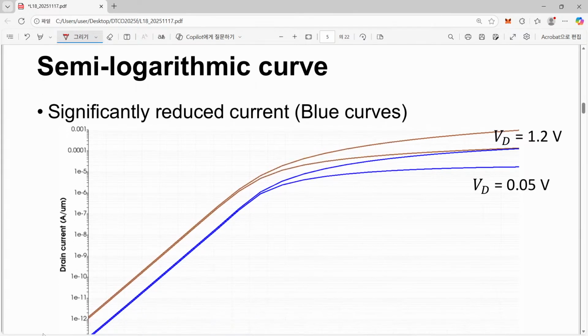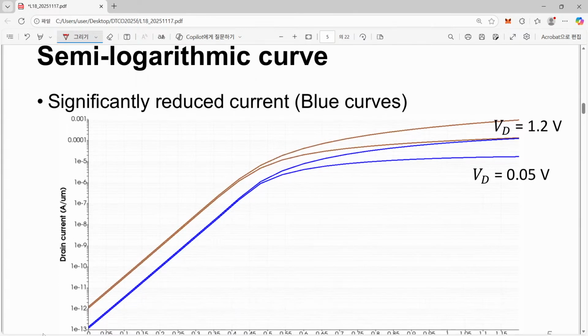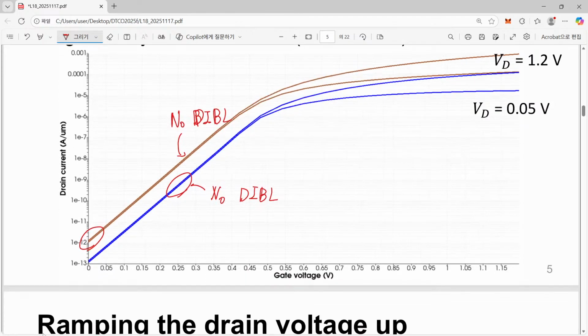And also when we have this semi-logarithmic curve, previously we had this line. There is almost no DIBL, because we have quite a long channel device, and even with this new physical model, it is still true that there is no DIBL, because DIBL is a function of channel length, and since we have quite a long channel, it is quite easy to understand.